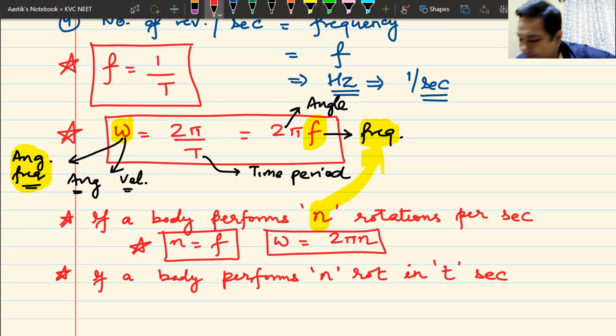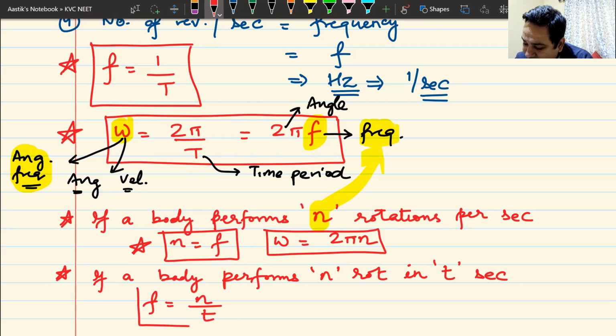I'll give you a minute to think. It is very simple. Your frequency f will become n by t.